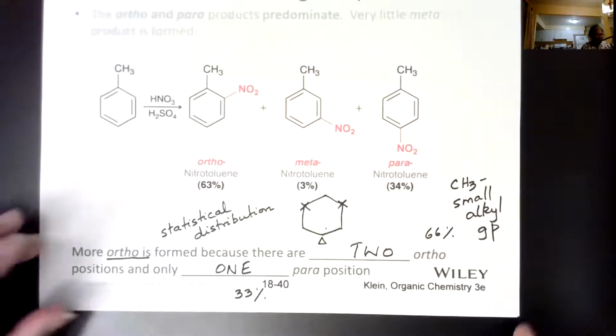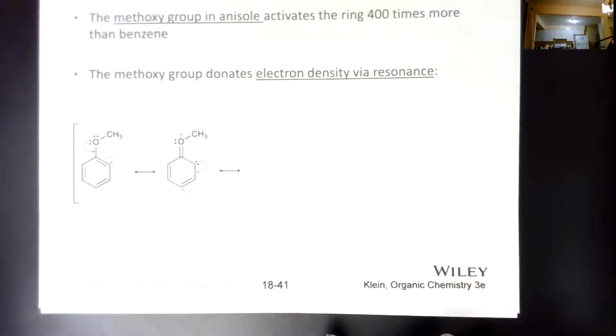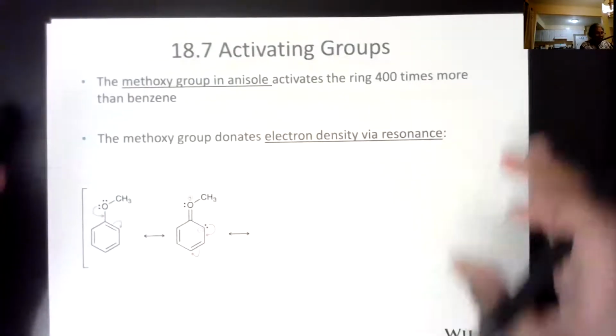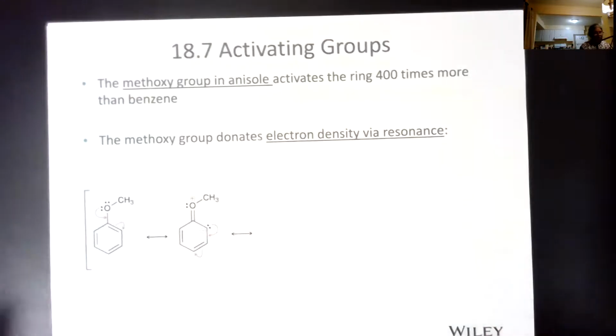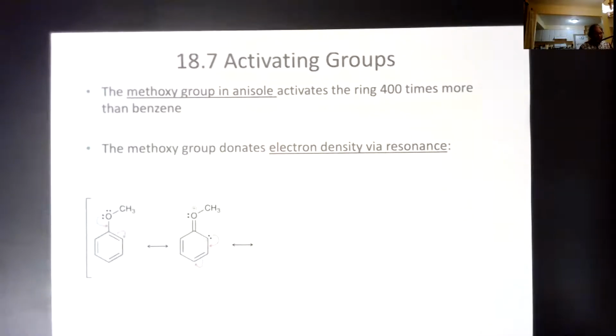All right. Okay. Now we're going to look at something new. We are going to talk about other types of activating groups. The alkyl group, if you remember from the list, is the least activating. Then you have the methoxy group or the OH group.